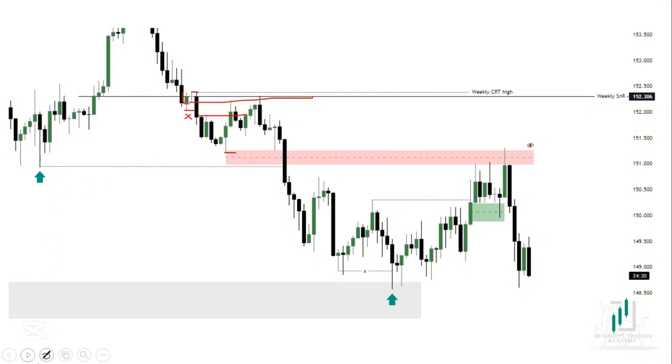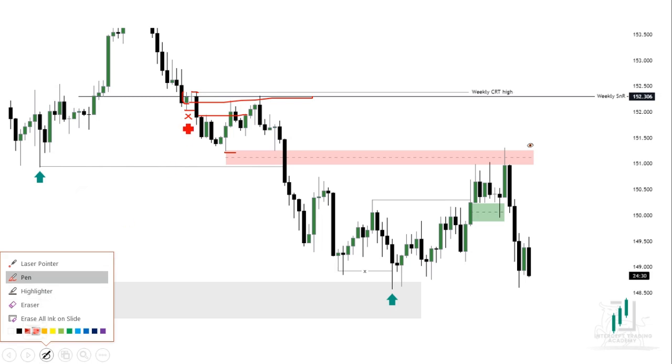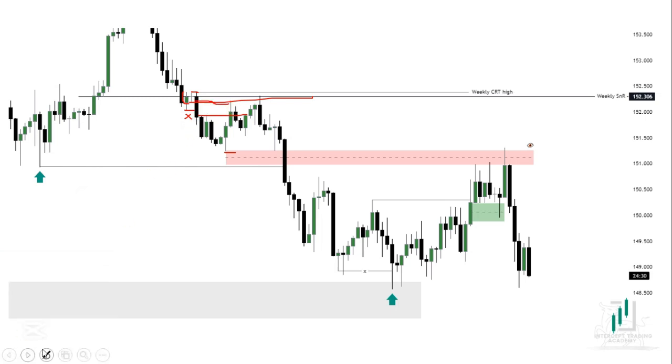So as you can see, the market, after reaching our fair value gap, made a liquidity grab, which is a sign of strength because the candles closed below the high of this candle. They closed below.